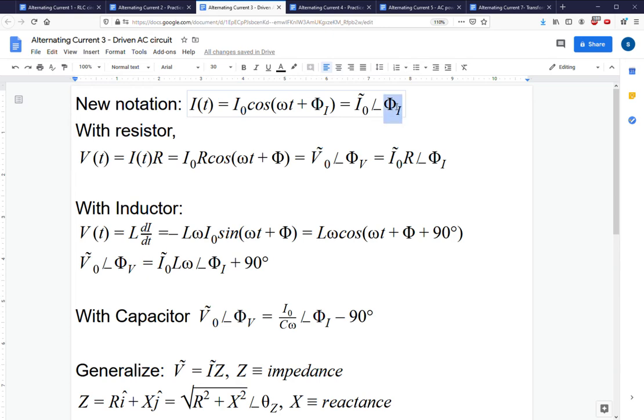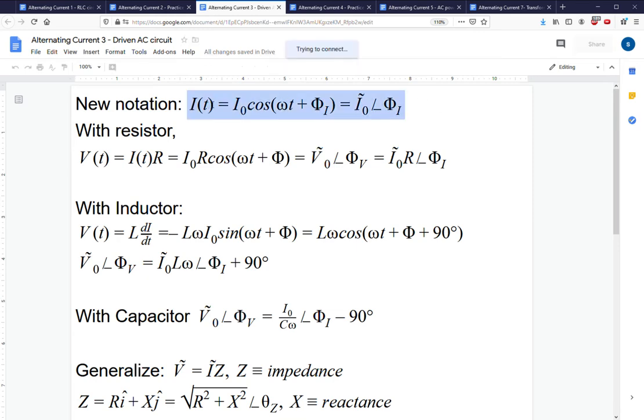And angle phi means that it has a phase angle of phi. This is called a phasor. It's kind of like a vector. It has a kind of direction in this phase, but it's not exactly a vector, and we will get into a bit of phasor mathematics in a bit.